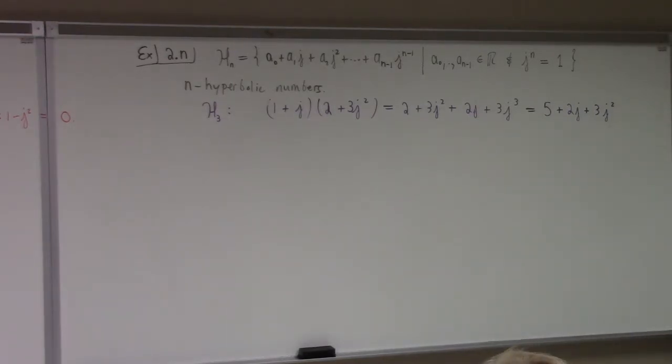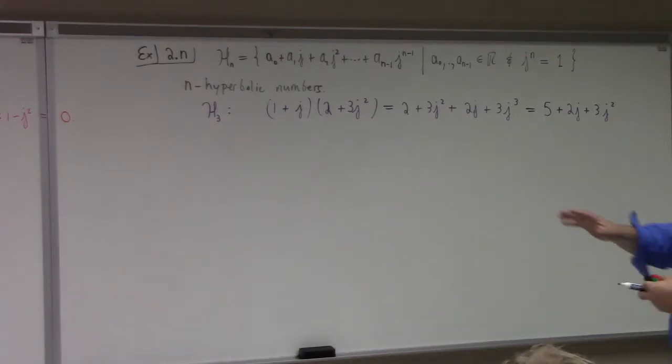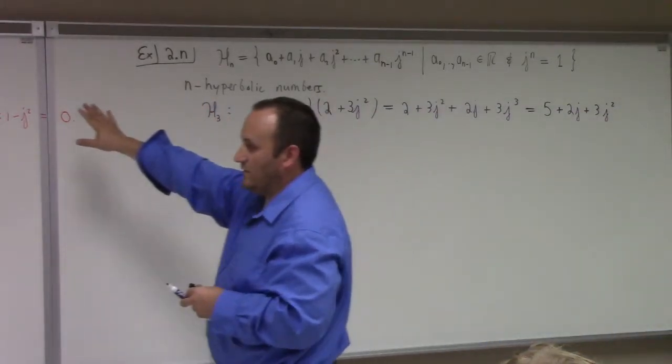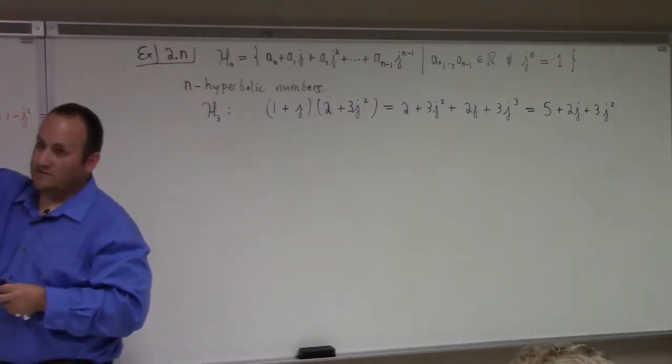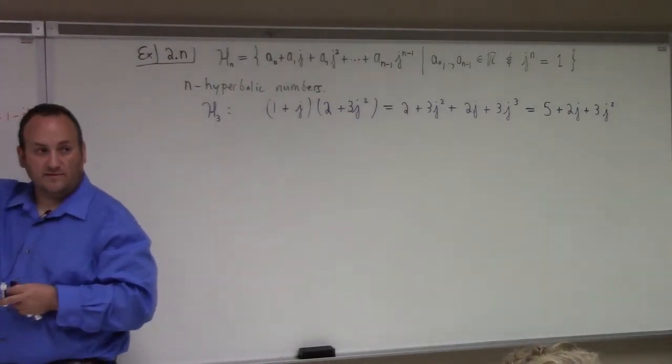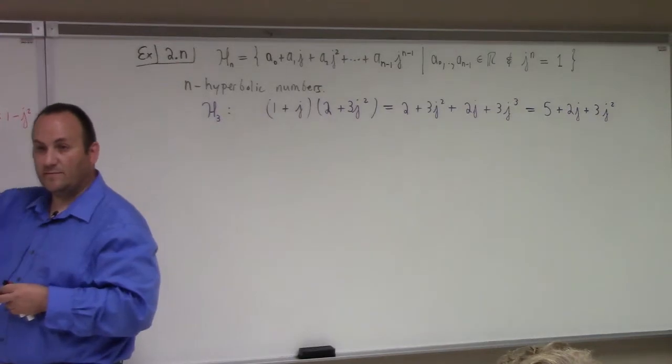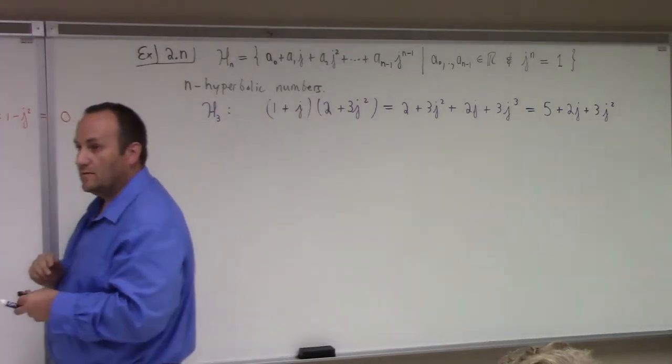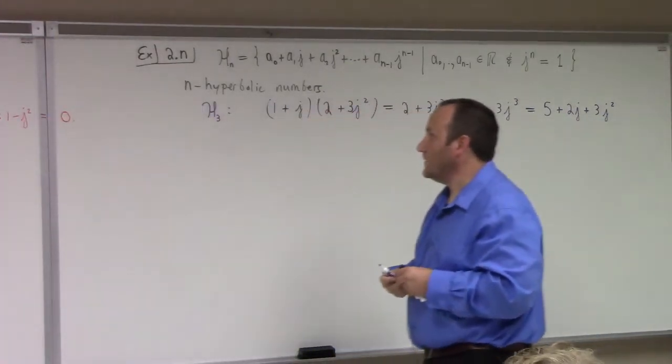So this is another number system you can consider. If you're interested, by the way, this has some connection to special relativity. You can think of these as being the light cone. Papers have been written about this. Some people call these Lorentz numbers because of their connection with special relativity.